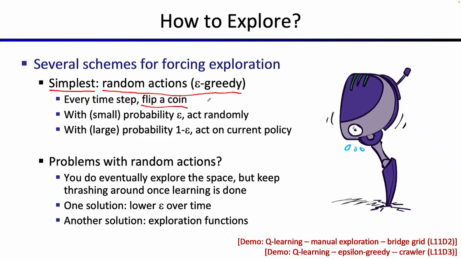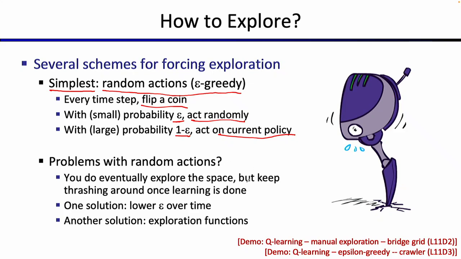With some small probability, epsilon, you act randomly, you just decide on some random action. And with typically a larger probability, 1 minus epsilon, you act according to the policy you've learned so far, like the argmax of your Q. Very simple, works really well, and we'll see a demo of it in action.